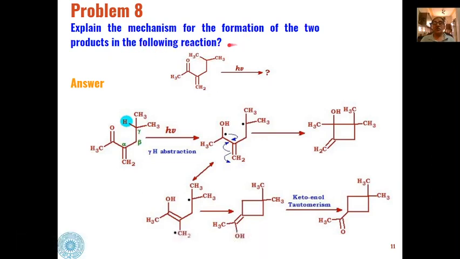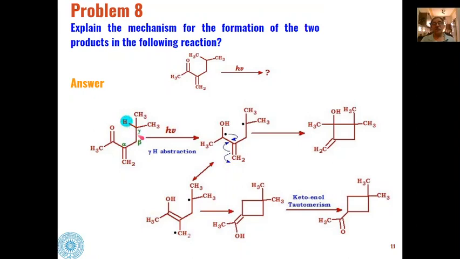The next is the product formation in these types of ketones which have a methylene group at the alpha position. So here, if you see the structure of this compound, this is alpha, this is beta, and this is gamma carbon, and on the gamma carbon we have a gamma hydrogen.